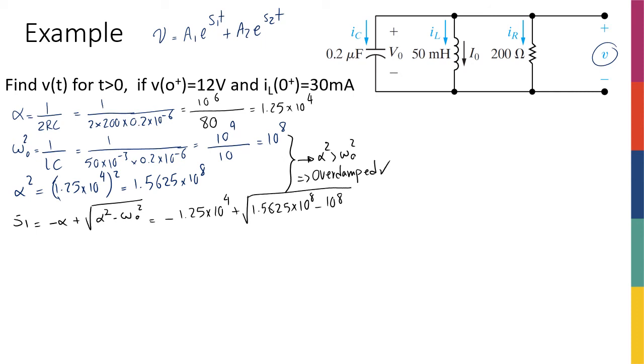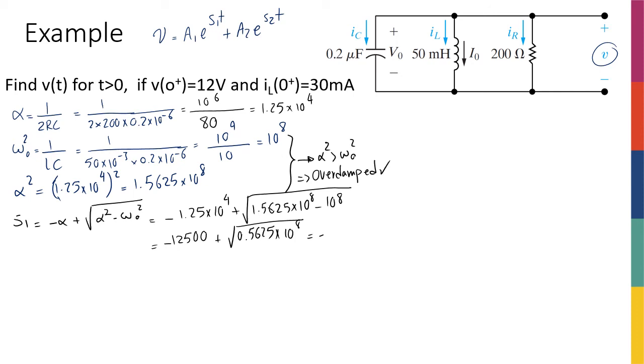So this is negative 12,500, and plus this is basically 0.5625 times 10 to the power of 8. The square root of 10 to the power of 8 is just 10 to the power of 4, and the square root of 0.5625 is 0.75.